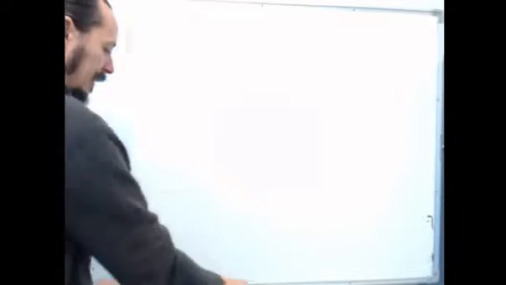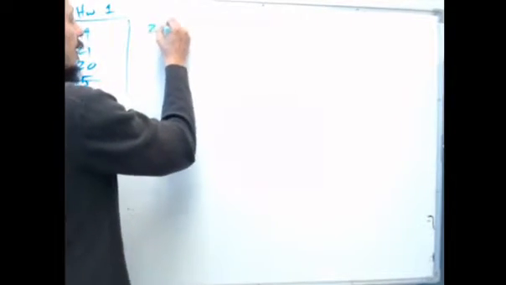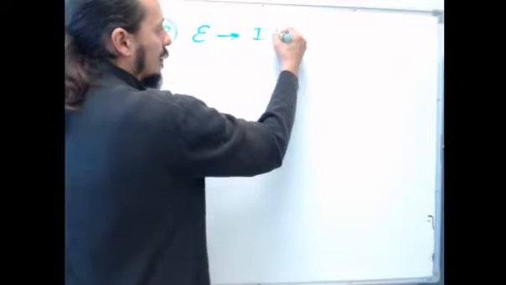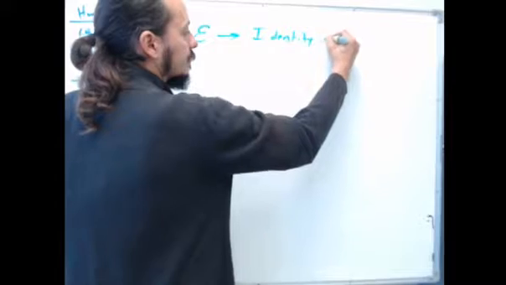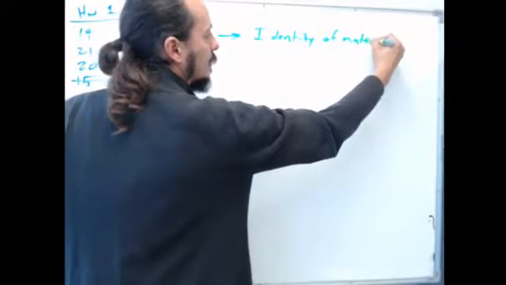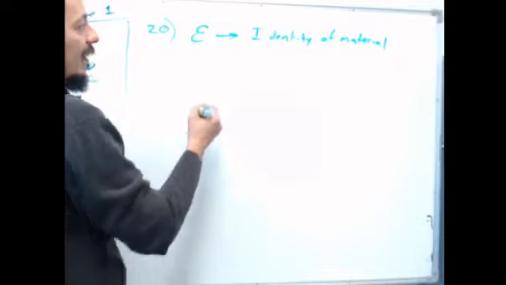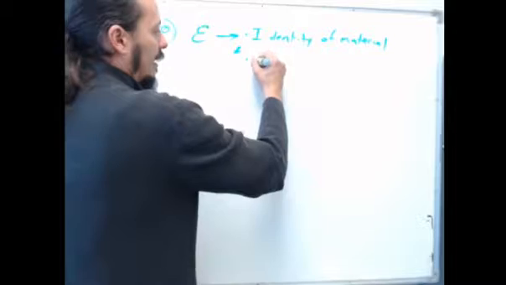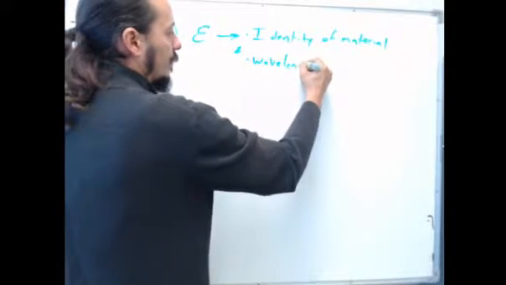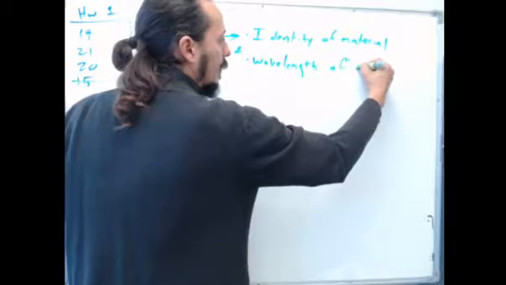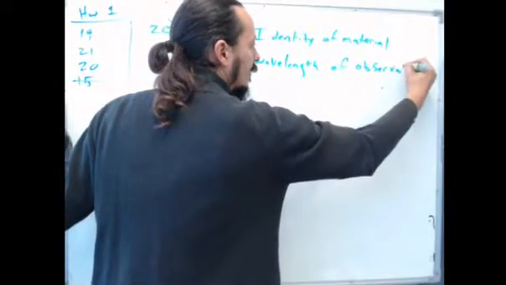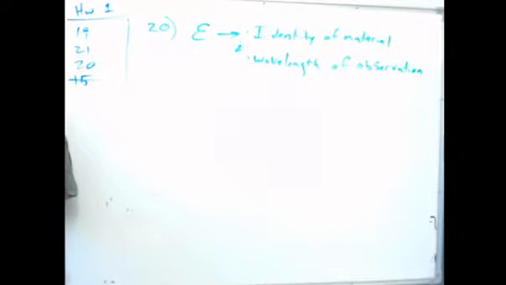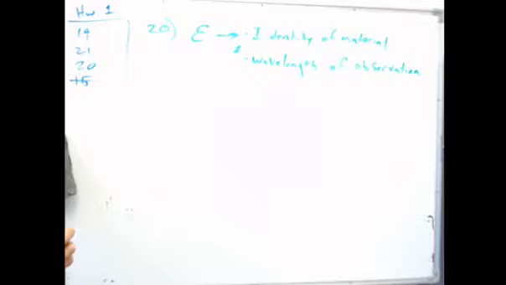The main thing to remember for molar absorptivity is that it depends on the identity of the material, and it depends on the wavelength of observation. So it depends on these two things.